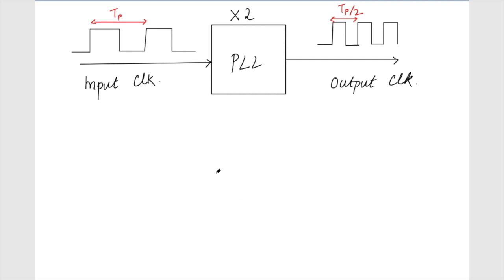We generally use op-amps to design amplifiers. An op-amp works on the principle of basic feedback circuits.